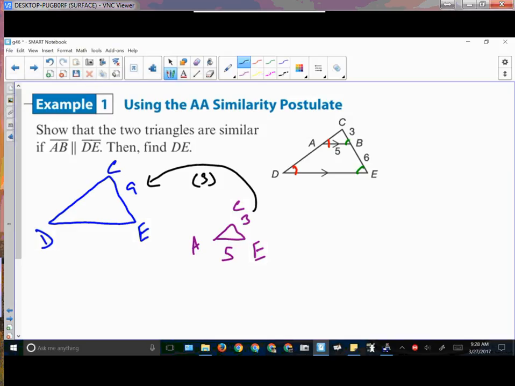So if that rule holds through, what would I have to get over here then if I multiplied through by 3? 15. Now, if I want to check this, if these two triangles are going to be similar, the ratio of the sides should be similar.